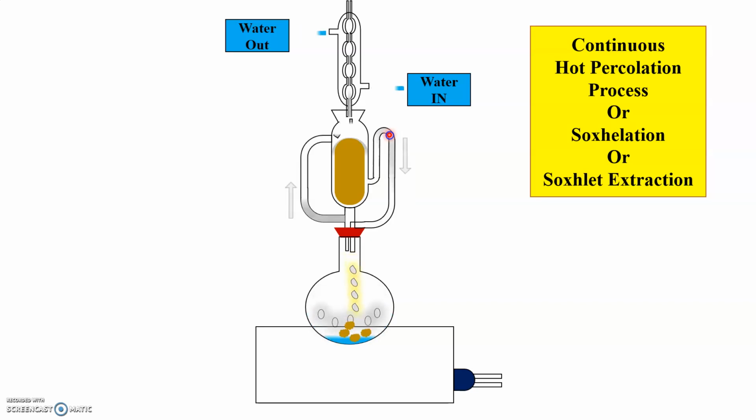The solvent containing the active constituent of the drug in this siphon tube siphons over and runs into the flask, thus emptying the body of the extractor. As you can see here, solvent containing active constituents comes down into the flask.